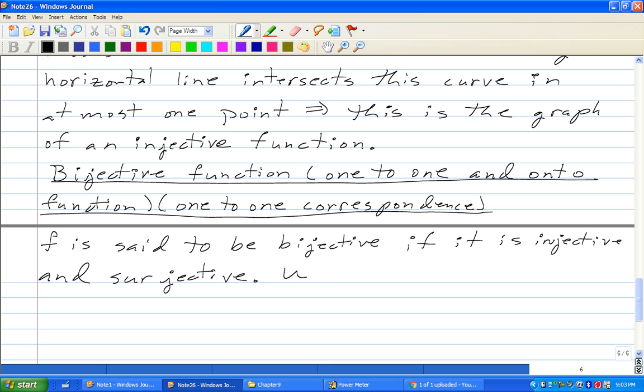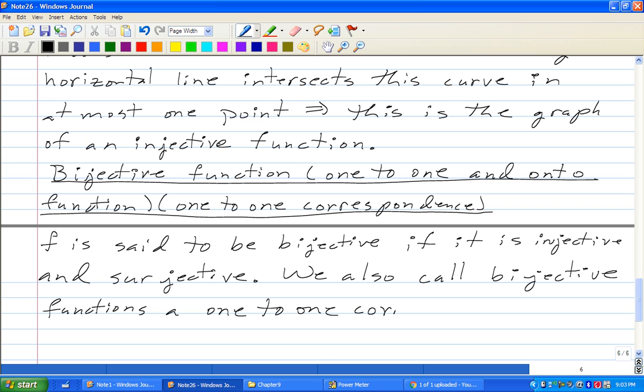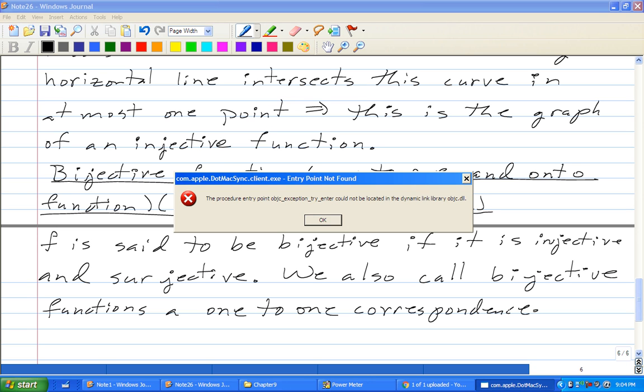And just like I said above, we also call bijective functions a one-to-one correspondence. And sometimes we also call them one-to-one and onto functions.